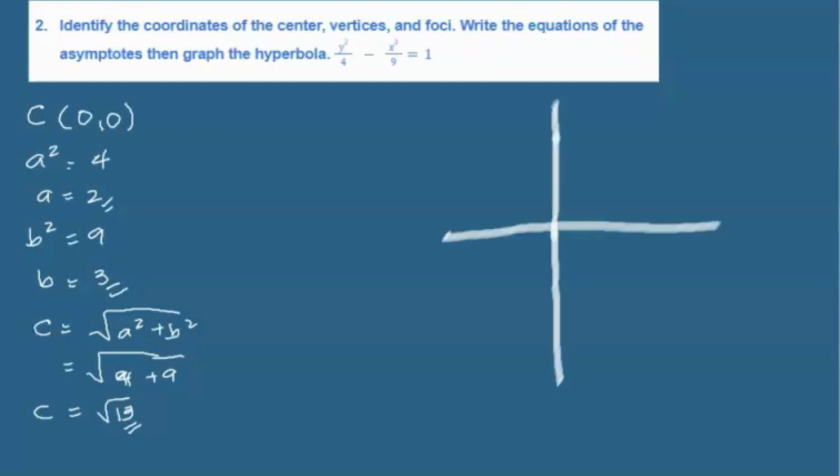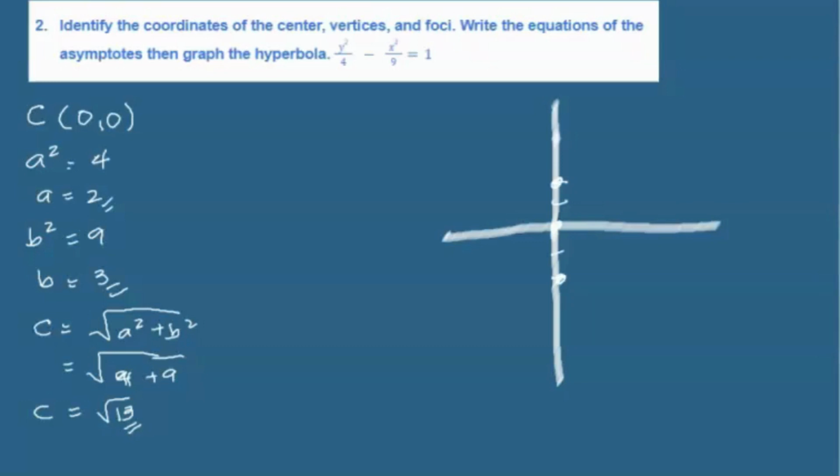Okay, so let's plot our a and b. a is 2 under y, so that's 2 units from the center. Our center is the origin, and 2 units downward as well.